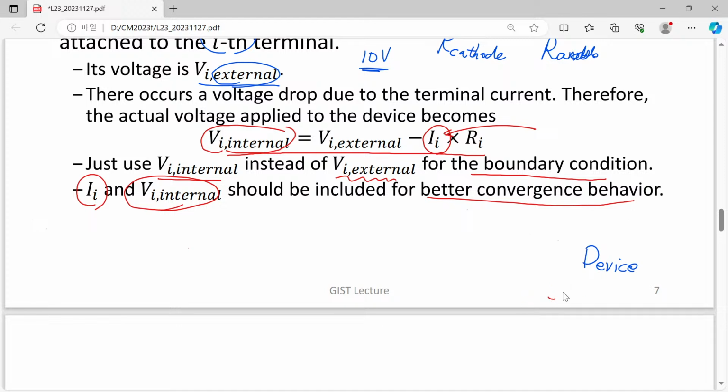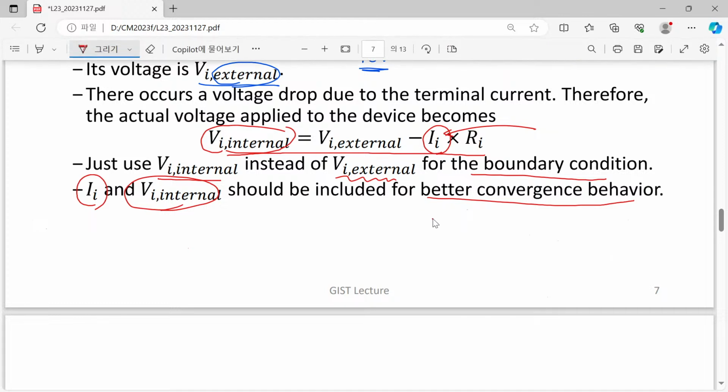Okay, so in this new system, including the terminal resistance, we have the conventional unknown variables assigned for potential, electron density, and hole density. After that, at the end of this vector, we have to include also voltage and current for those terminals in general.